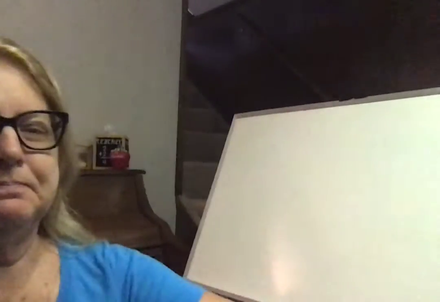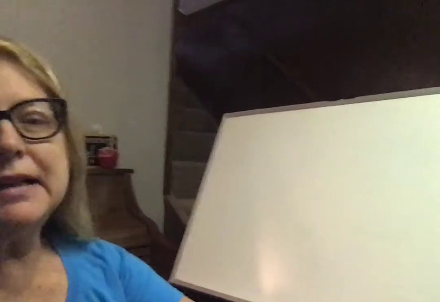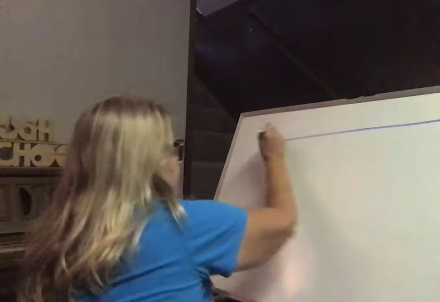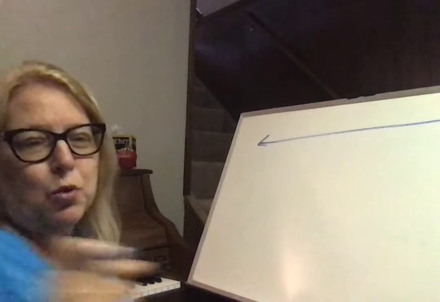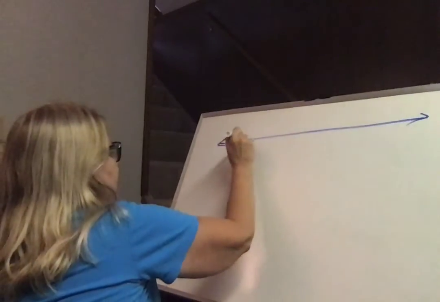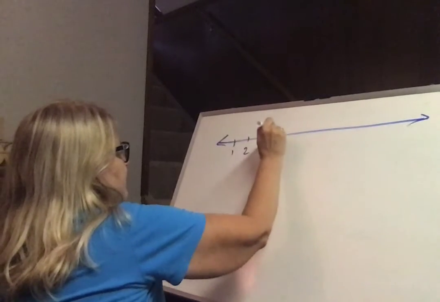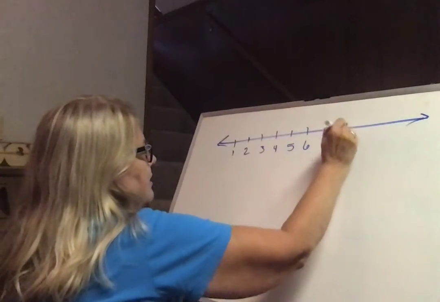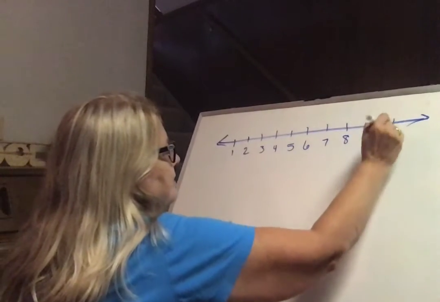Let's start and think about the midpoint, or the average, of the numbers 1 and 10. Think of that on a number line, the x-axis, and let's put the numbers 1 through 10 on it: 1, 2, 3, 4, 5, 6, 7, 8, 9, 10.